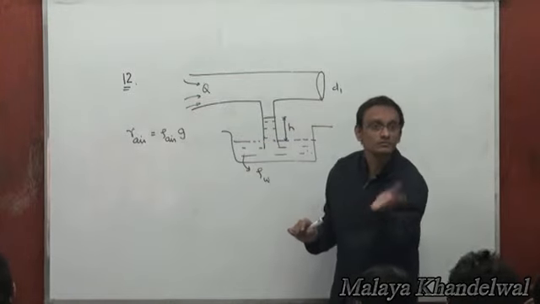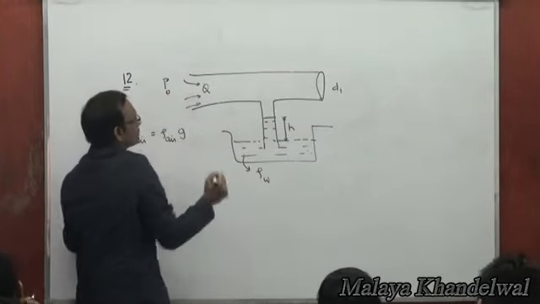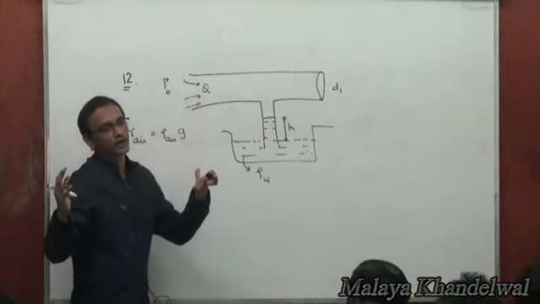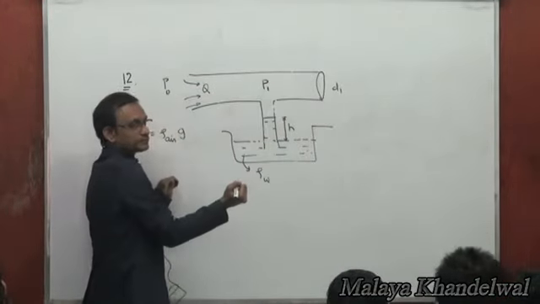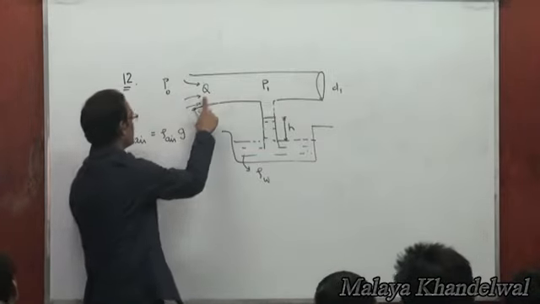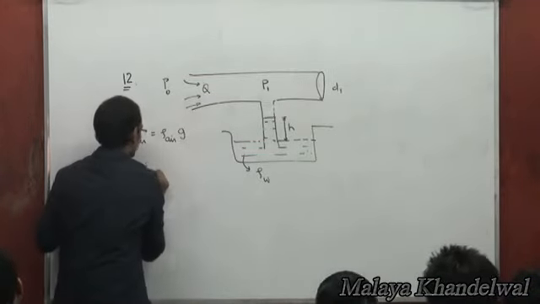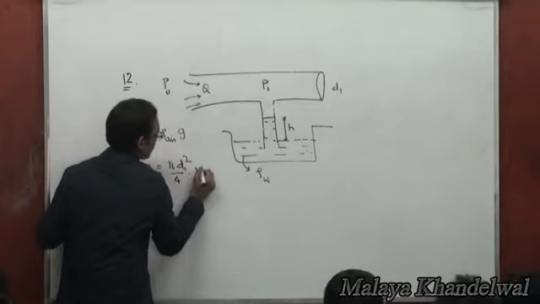Or let's say P naught is the atmospheric pressure, and we talk in terms of absolute pressures, and P1 is the pressure here. I know the velocity here because Q is pi d1 squared by 4 into the velocity.